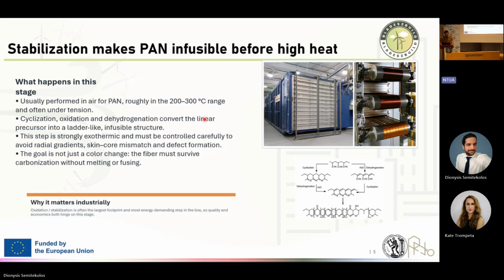It is also a very high energy step, especially in the industry, and there is also research taking place trying to either reduce the time it takes or reduce the energy it demands. This is a part of today's research.